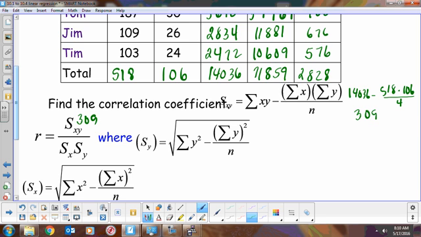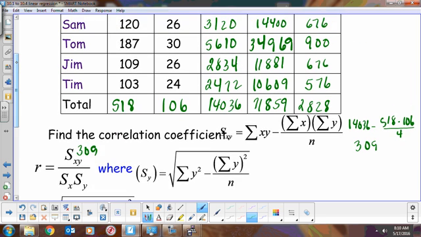All right, so now what we're going to do is find the square root of the sum of the y squareds, which we have to be 28. Yes, that's the sum of the y squareds. Minus, now we need the sum of the y's, and we need to square that, which is going to be 106 squared all over n, which is 4. And what would that be?